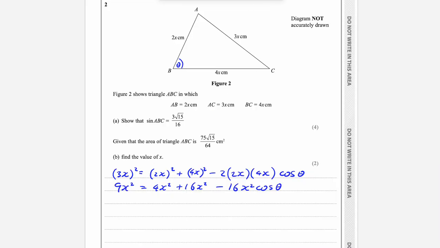Here, all the x squareds cancel. I'm dividing everything by x squared. Then let's subtract: 4 plus 16 is 20, and 9 minus 20 is negative 11. So negative 11 over negative 16 is cos theta. So cos theta equals 11 over 16.